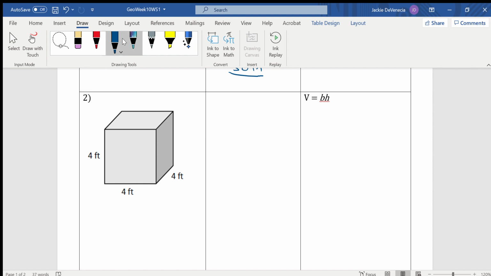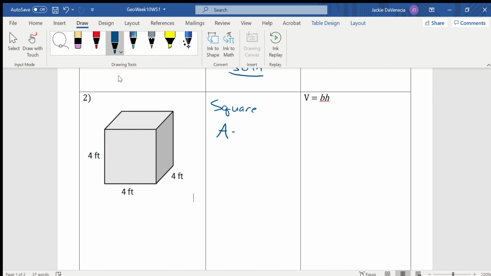You just say cube. So we know all the sides of the cube are the same. Another shape with all the sides equal like this would be a square. So our base figure is going to be a square.